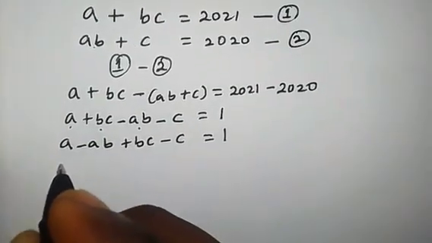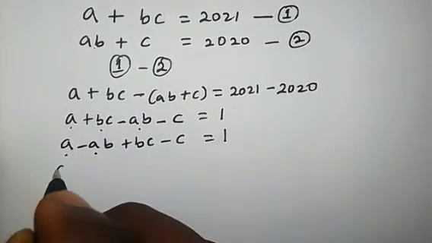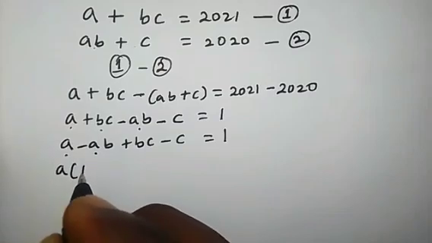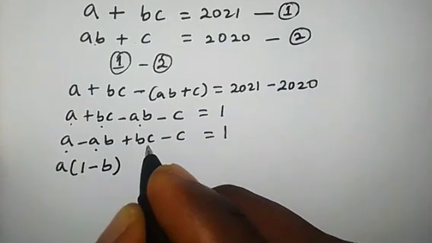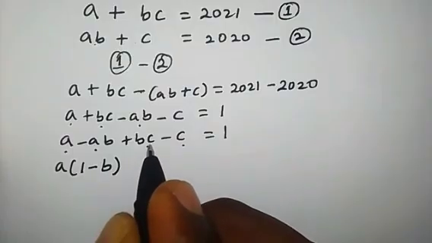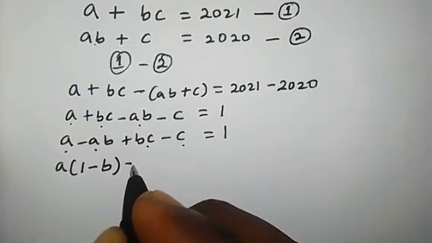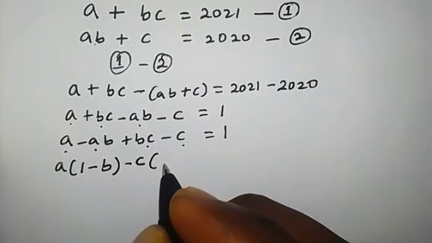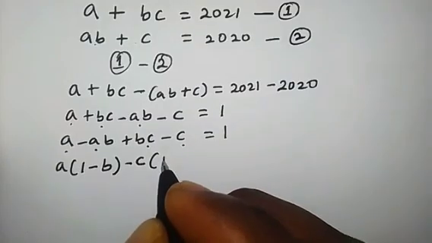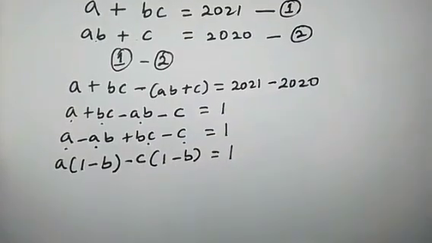From these two terms, we can factor out A. So that will be A(1 - B). From these two terms also, you will see that C is common, but let us factor out minus C. So that will be -C(1 - B) = 1.